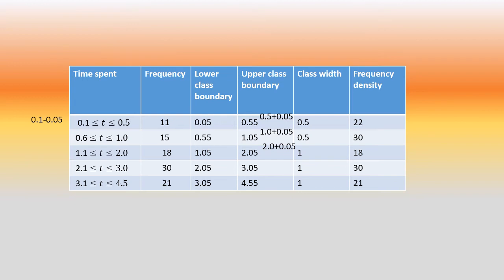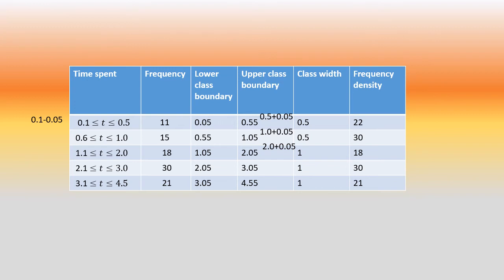Now you can see for each class interval, for the lower class boundary and for the upper class boundary, I adjust 0.05 plus and minus. So we can prepare the lower class boundary and the upper class boundary of each class interval likewise.